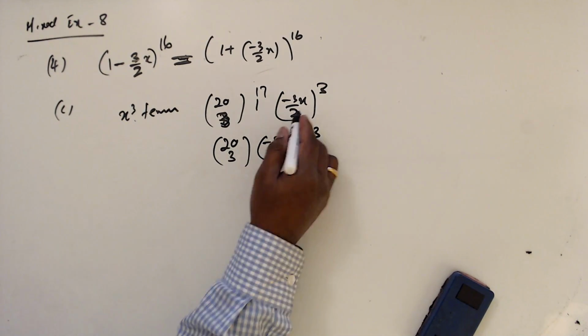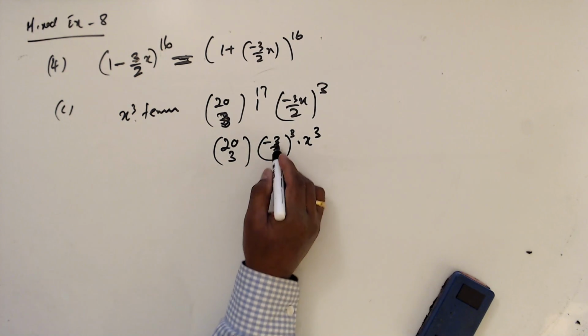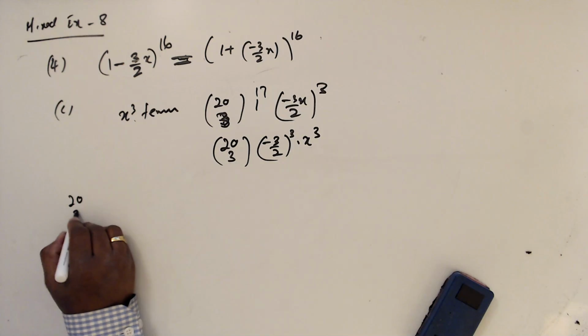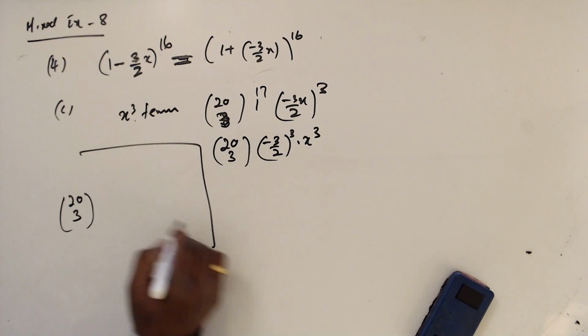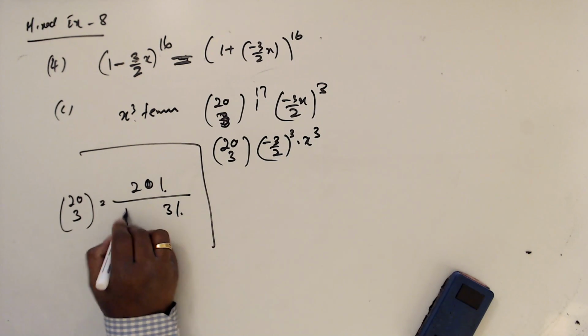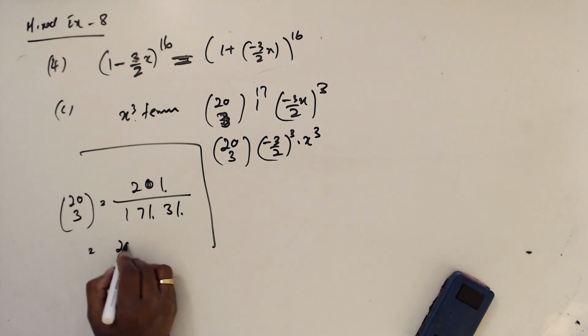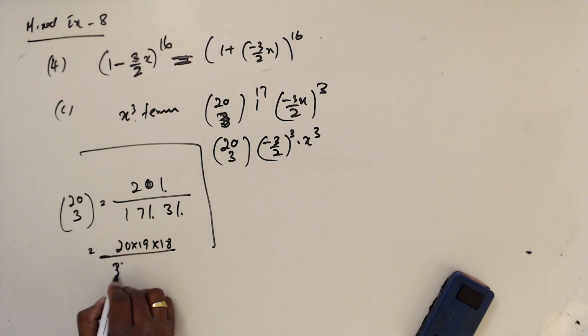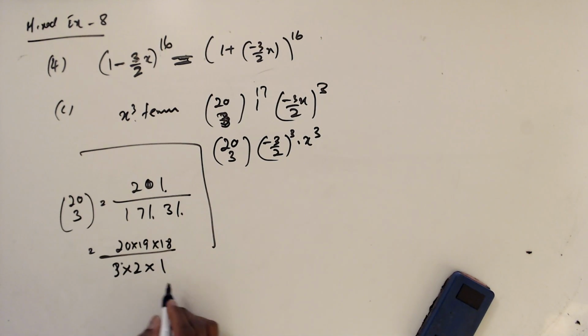I break this one. 16 choose 3 is going to be factorial 16 over factorial 3 factorial 13, 16 times 15 times 14 over 3 times 2 times 1.